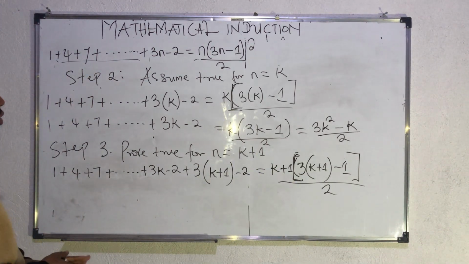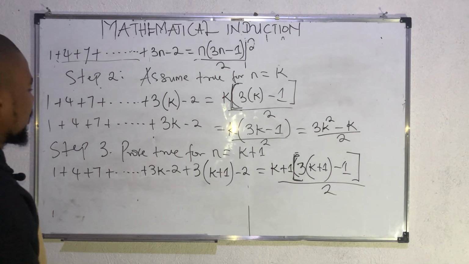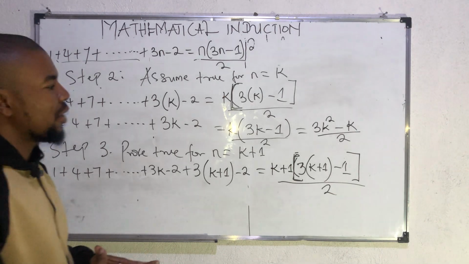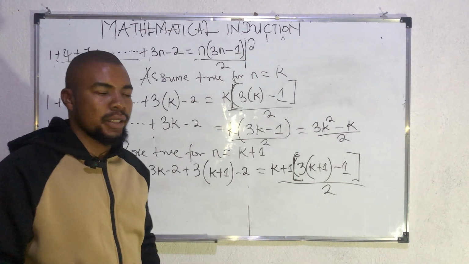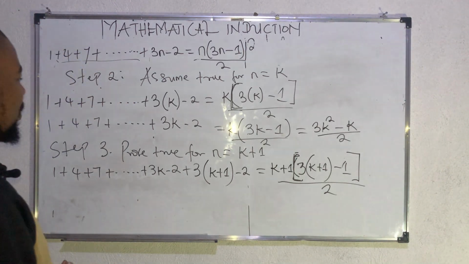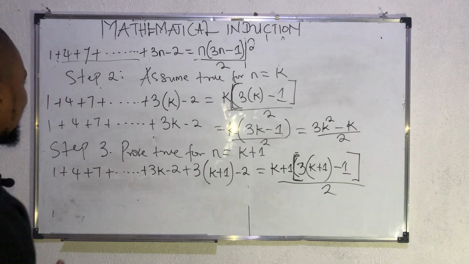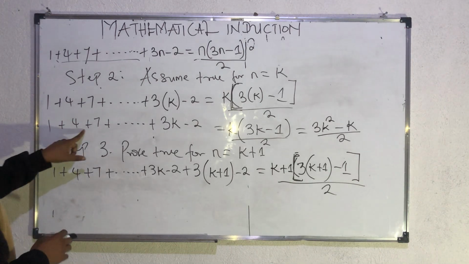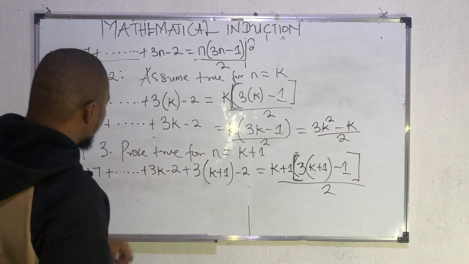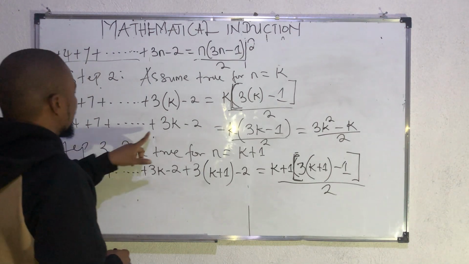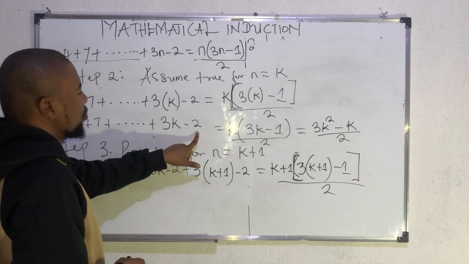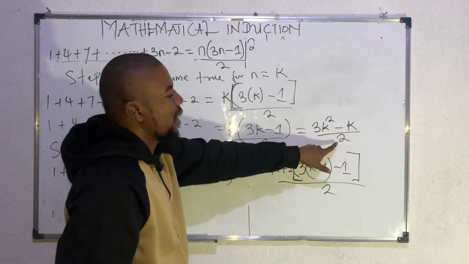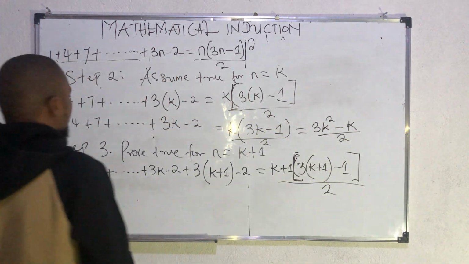All right, so we can go ahead and simplify further. Now, the next thing that you're going to do is to compare this equation, right? If you look at this part, you can see that 1 plus 4 plus 7 plus dot dot dot plus 3k minus 2 is equal to 3k squared minus k all over 2.